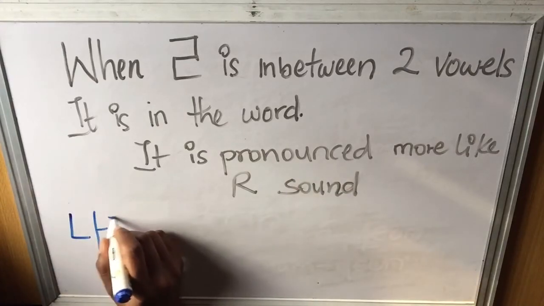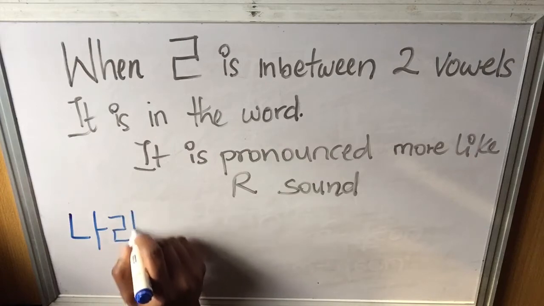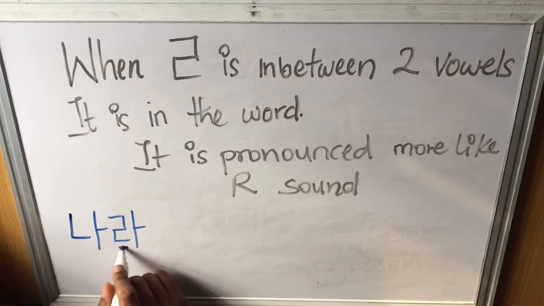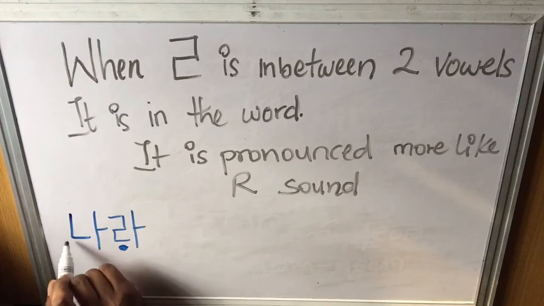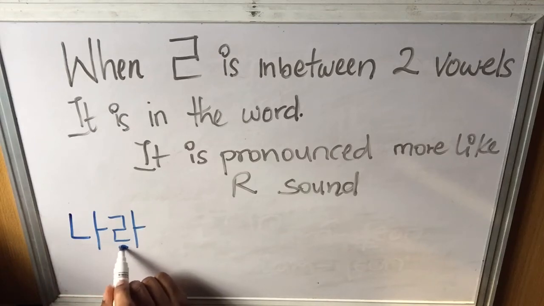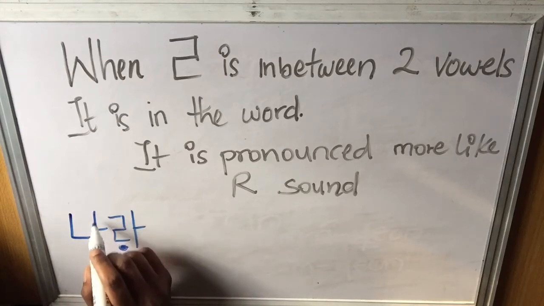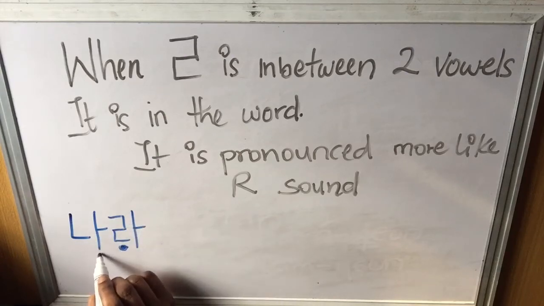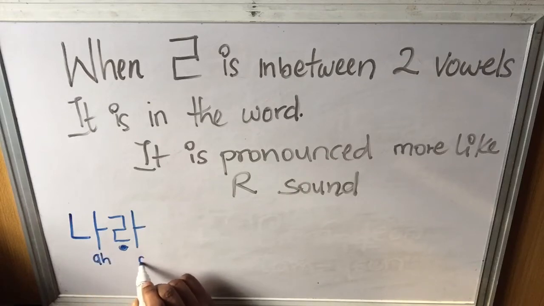Nara, nara. You can see there is re in between the word. It's not the last letter. It's not the first letter. It's in between two vowels. This is a vowel, A. It has an A sound.